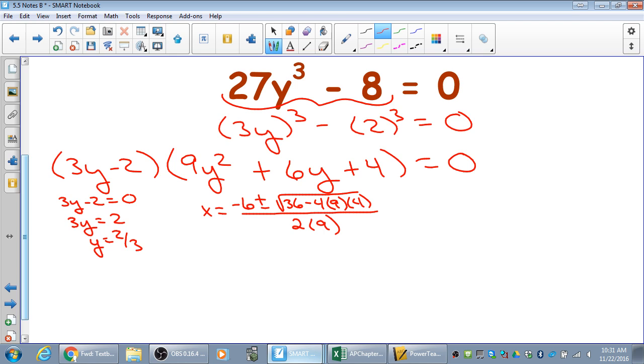Quadratic formula. Well, I need 36 minus 4 times 9 times 4. That ends up being negative 108. So there we have the imaginary. Square root of negative 108 over 18.